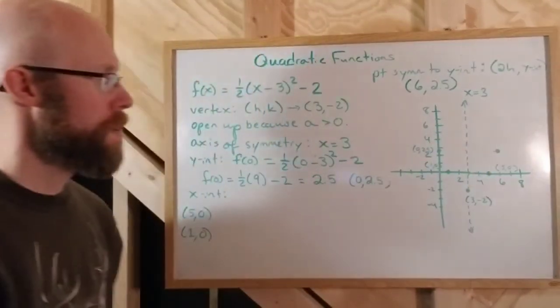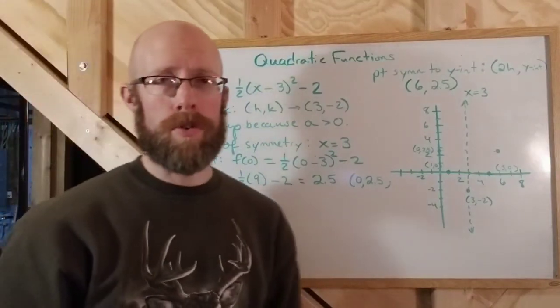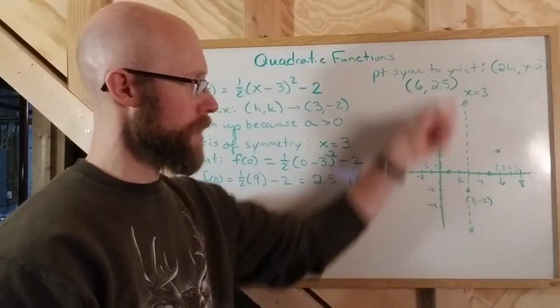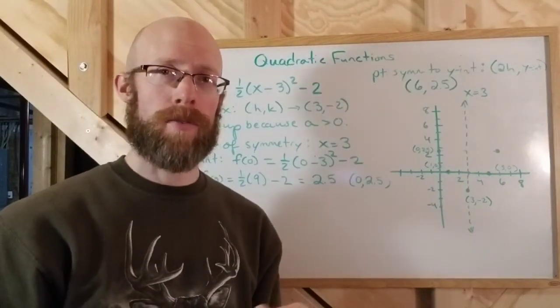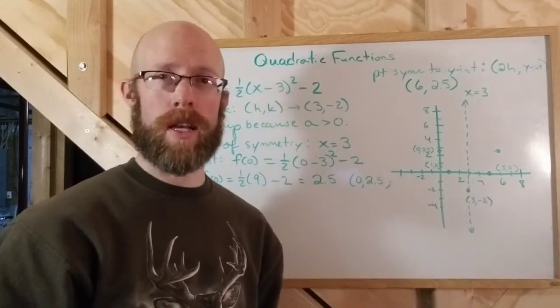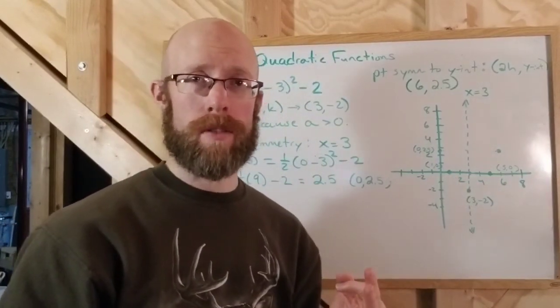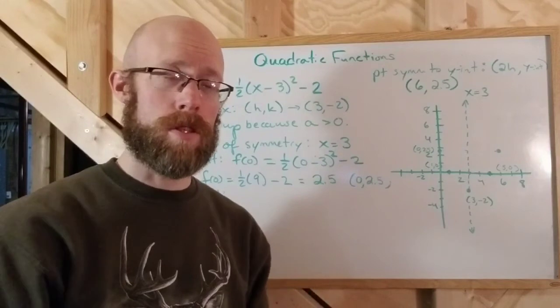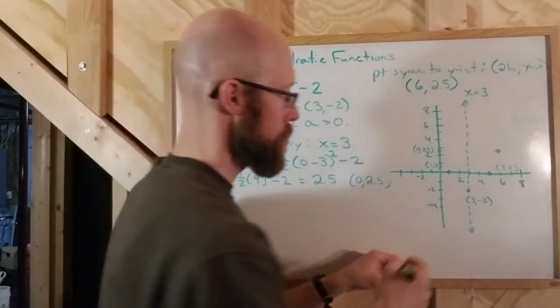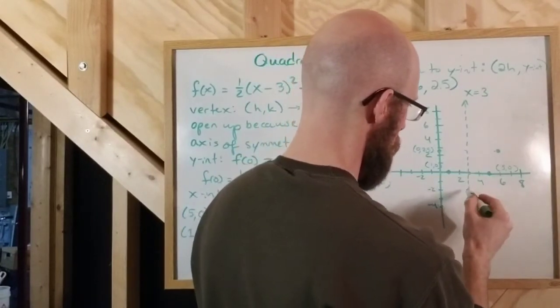Okay. So in most of these problems you're going to be able to plot 5 points and the line of symmetry. However, it is possible that you don't have x-intercepts, in which case you would only end up with 3 points and the axis of symmetry, but still enough information to get a pretty good sketch. So at this point, I'm going to sketch it in.